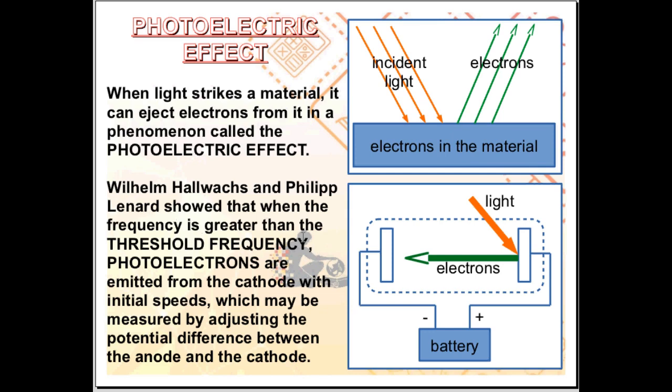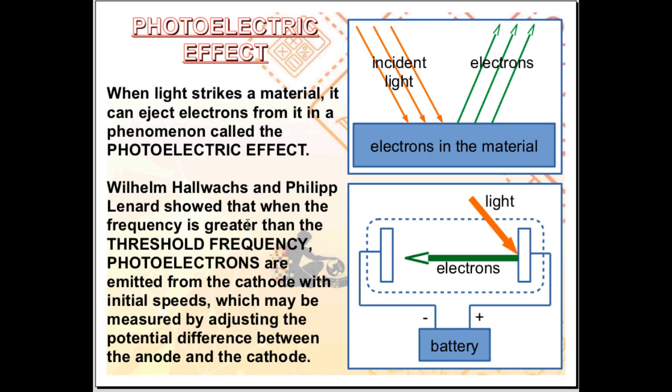The setup used by Hallwachs and Lenard basically consists of two electrodes, anode and cathode, connected to a power source. Incident light strikes one of the electrodes.